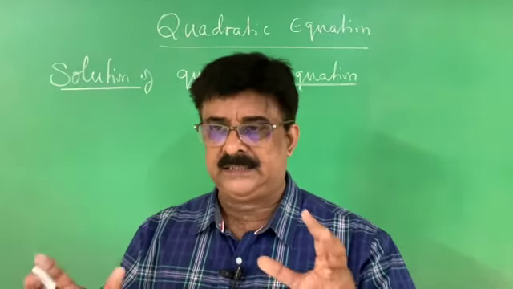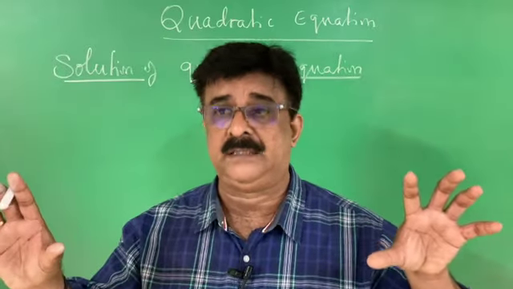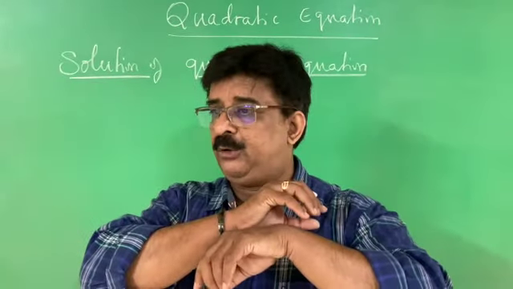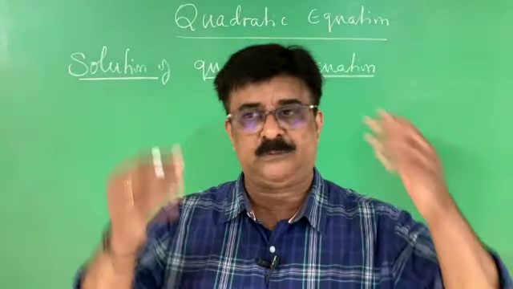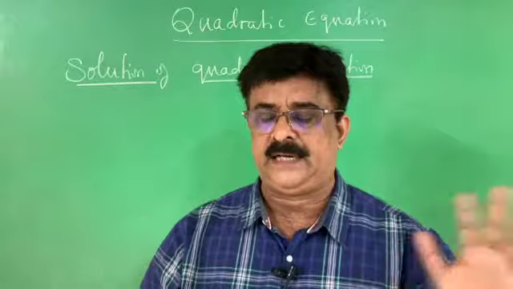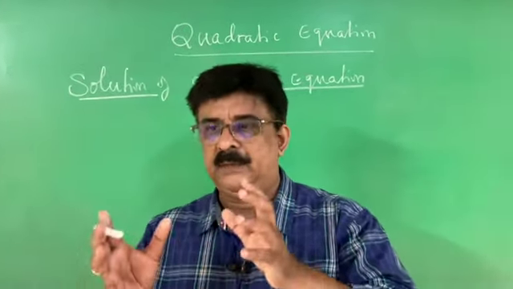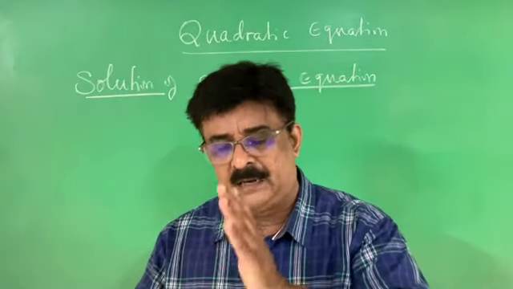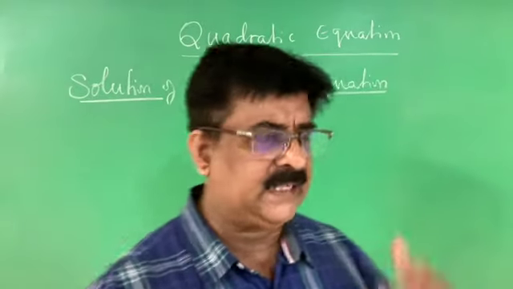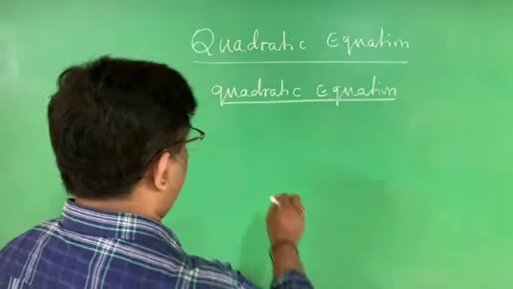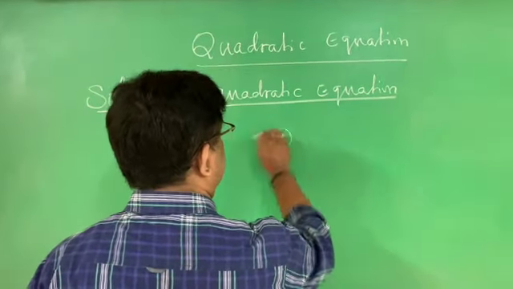There are certain numbers that don't have any values at all, meaningless numbers. But the majority of the numbers we can think of are all real numbers. We are going to identify this type of roots in the section called nature of the roots. It comes after the solution of the quadratic equation. Different methods are there. The first method of finding the solution of a quadratic equation is the method of factorization.